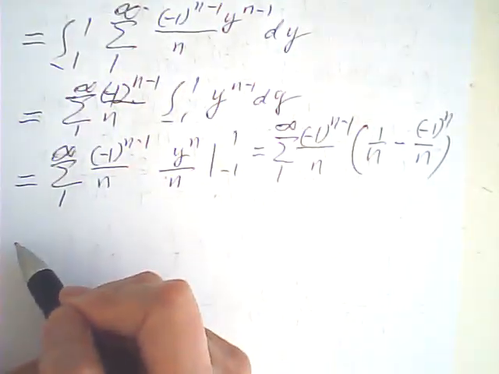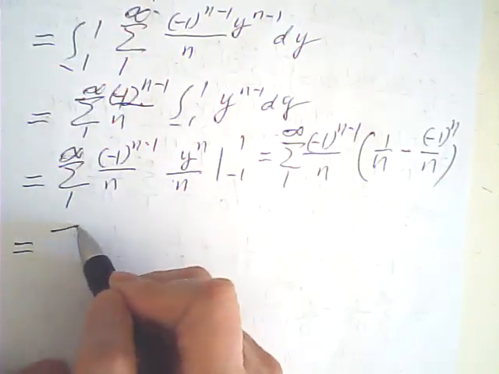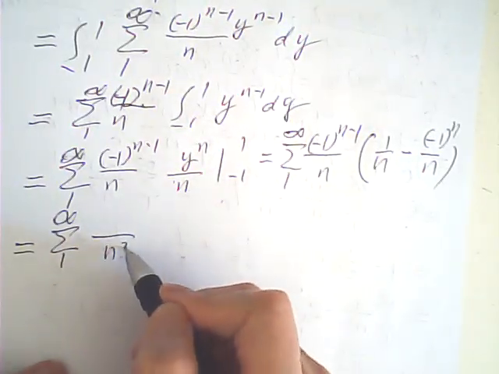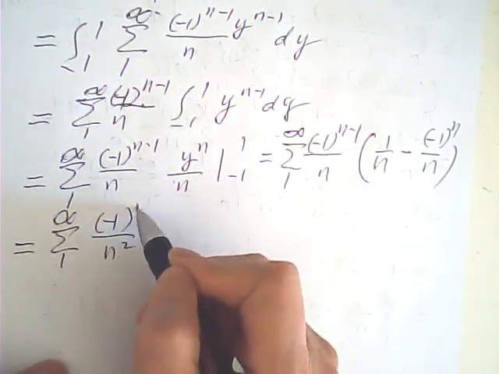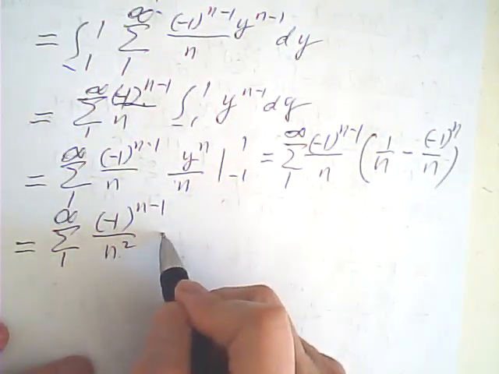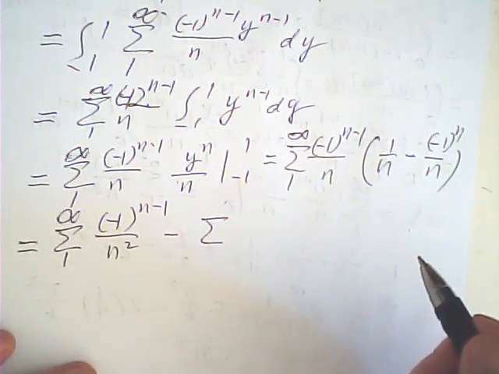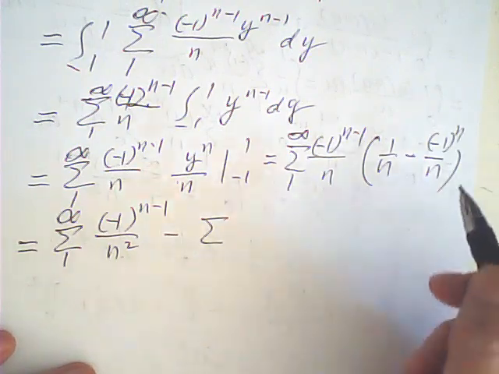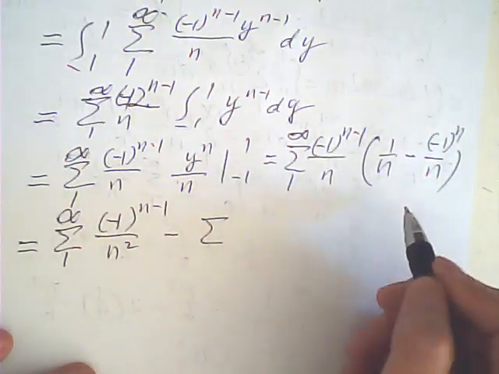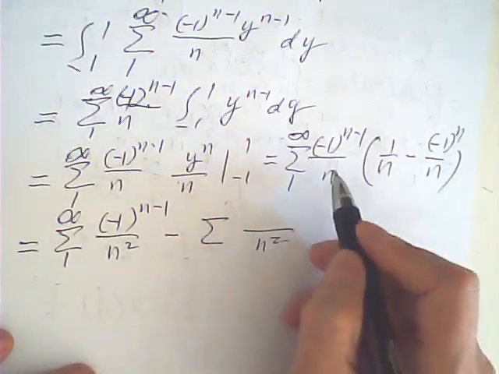So we have two series. The first one is alternating, over n squared. The second one is over n squared, and a negative one.